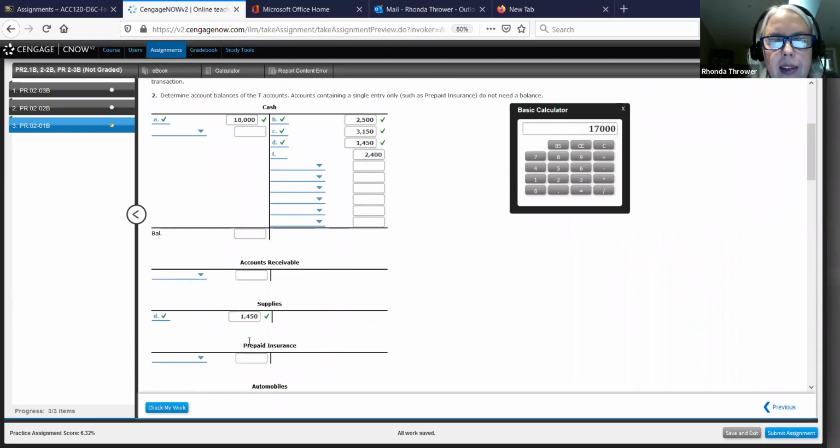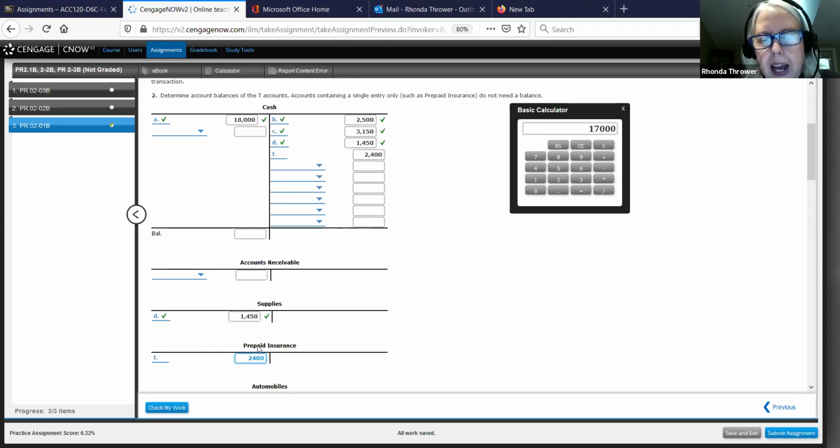This is an asset account. My asset accounts are increasing because of transaction F. My asset account is going up by $2,400 because I bought the rights to use the insurance.